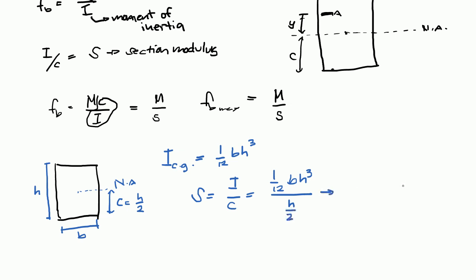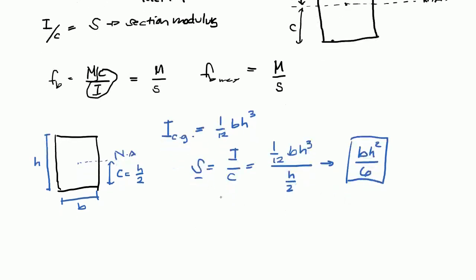And this simplifies to, let's see, 12 sa baba, H, paano? I think this is BH squared over 6. Okay, so it's BH squared over 6.